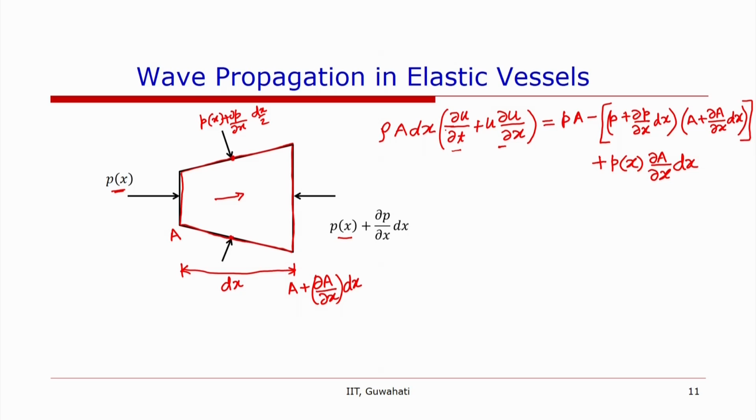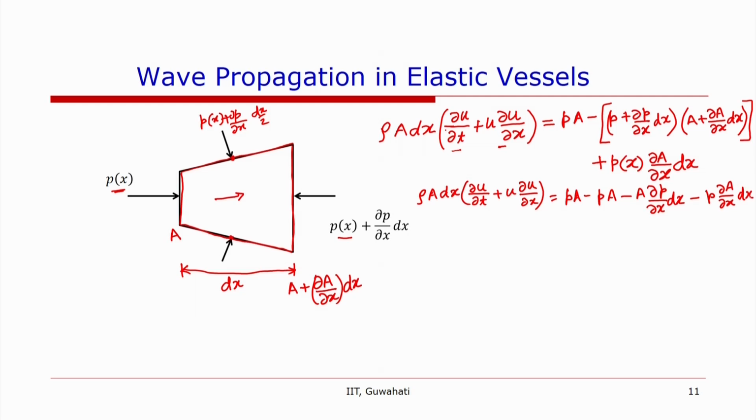We can also maybe retain this as of now. rho A dx (del u over del t plus u del u over del x) is equal to Pa A minus Pa minus A del P over del x dx minus P del A over del x dx.